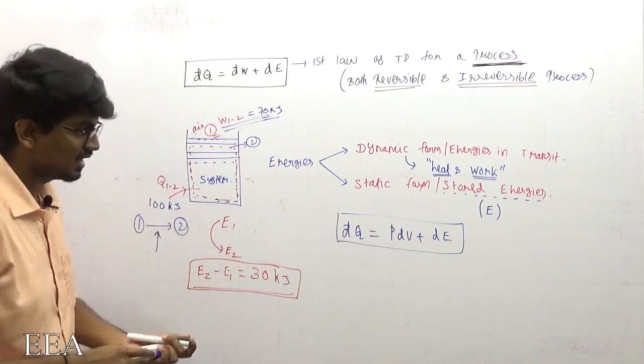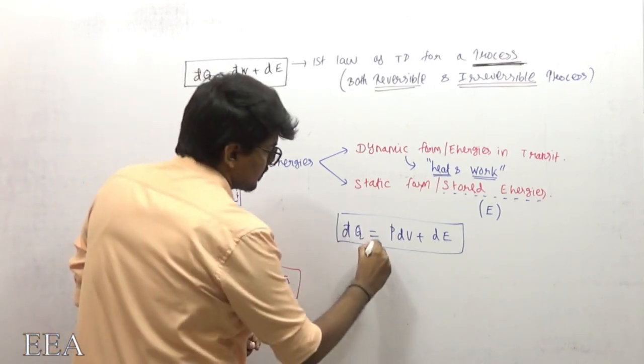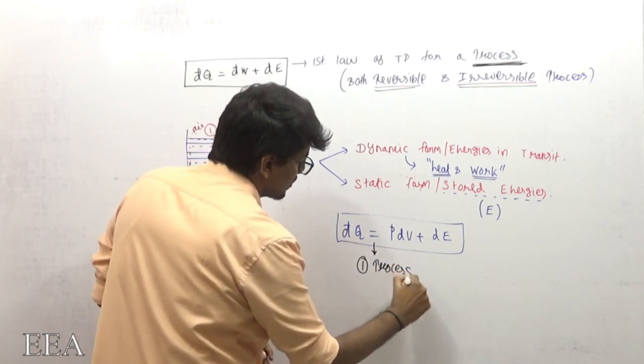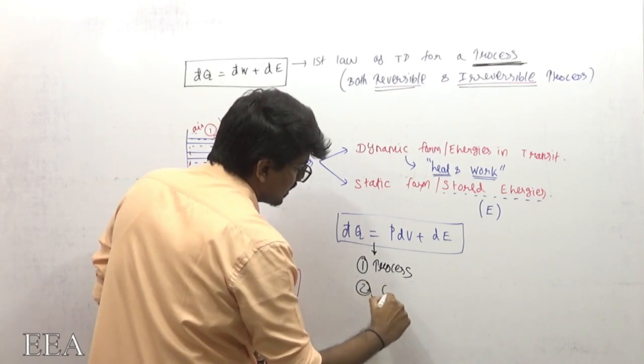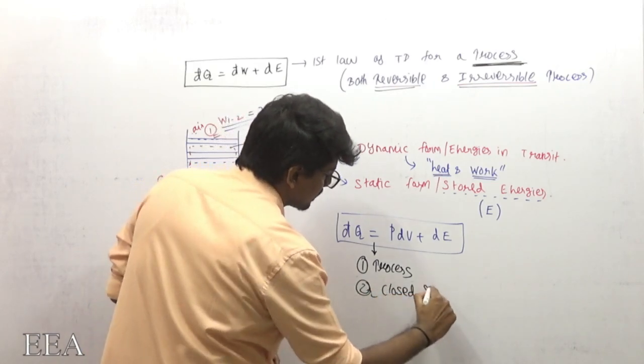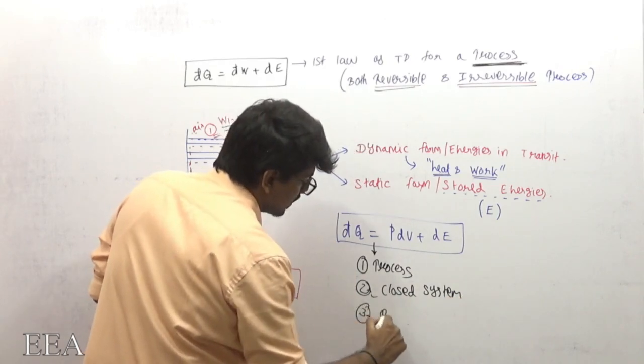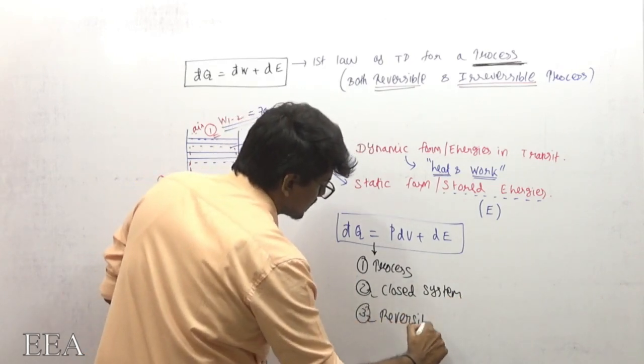And where is this applicable? Very simple. It is also applicable to a process, which is fine, because this is the first law of thermodynamics for a process. But it is applicable only to a closed system, and moreover only to a reversible process.